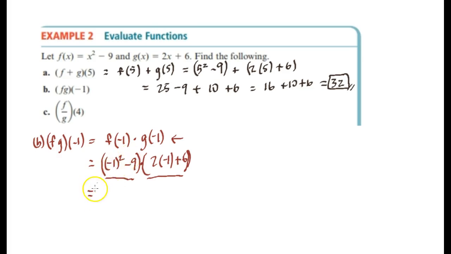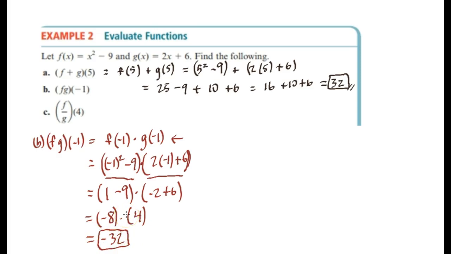Negative 1 squared is 1, then minus 9, times 2 times negative 1 is negative 2, plus 6. 1 minus 9 is negative 8, times negative 2 plus 6 is 4. Negative 8 times 4 is negative 32.